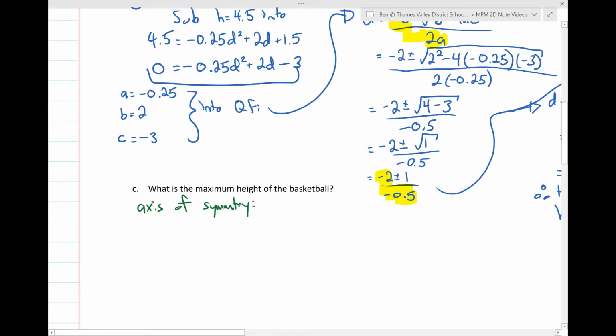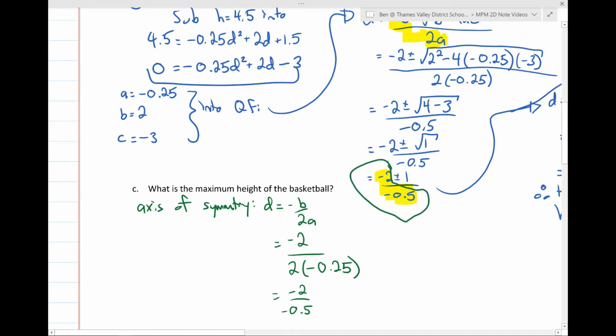Our axis of symmetry, d equals negative b over 2a. Well, that's great. Negative b equals -2 divided by 2a. That's 2 times negative 0.25, and that's great. -2 over negative 0.5, just as we were expecting.